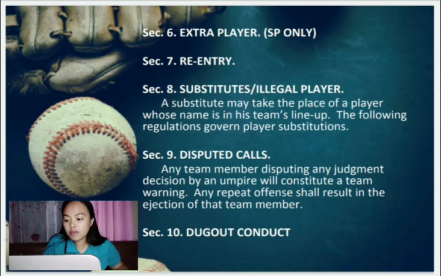If a substitute enters the game without reporting, meaning you substitute but did not report it, and after the pitch has been thrown or after the play has been made, the player will be declared ineligible.